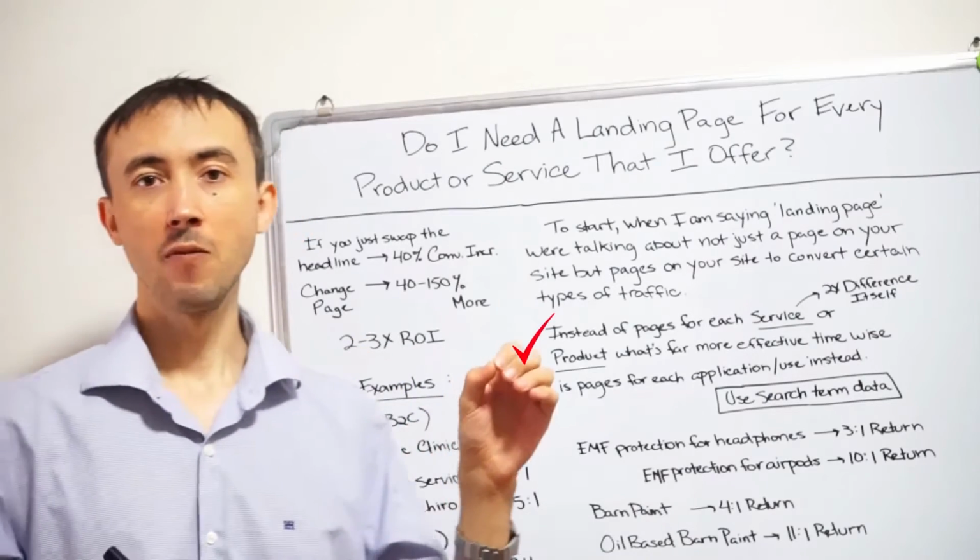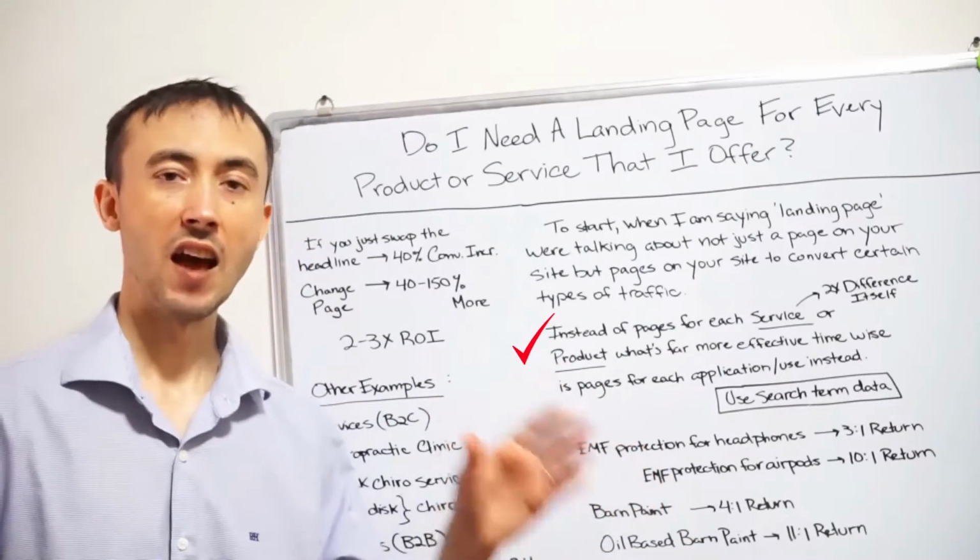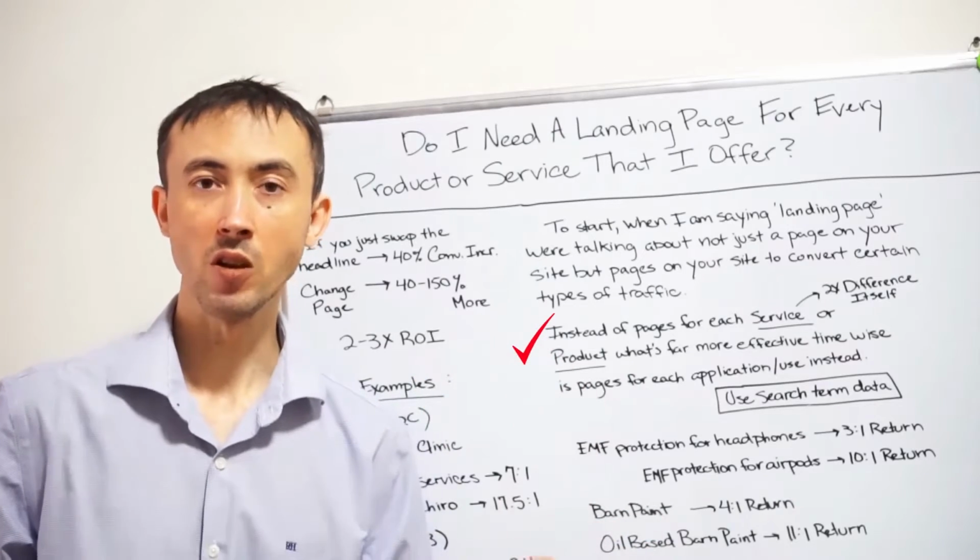Instead of making a 4.5-to-1 return on that term, you're going to get like an 11-to-1 return.